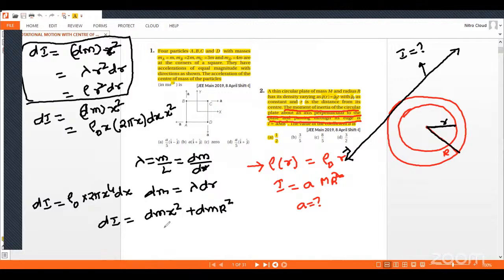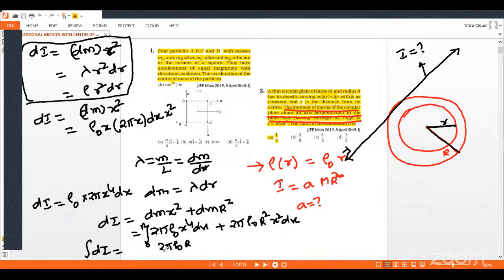That is 2 pi rho naught x power 4 dx plus 2 pi rho naught r square times x square dx. Upon integration, we'll get the total moment of inertia between values from 0 to capital R. 2 pi rho naught r power 5 by 5 plus 2 pi rho naught r square into x cube by 3 between value 0 to r.